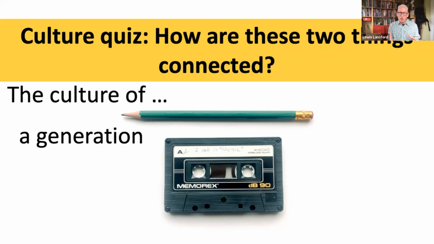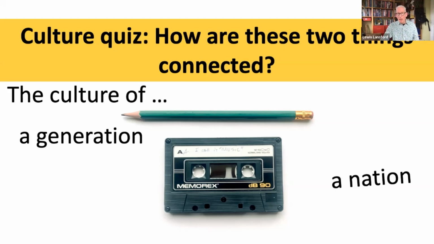And so by culture, I don't just mean festivals and food and the things we think of with national cultures when we're talking about language, but we're just talking about the way a group of people do things, or shared knowledge of a group of people. So the culture of our age group, my generation, includes what you do with a pencil and a cassette tape.